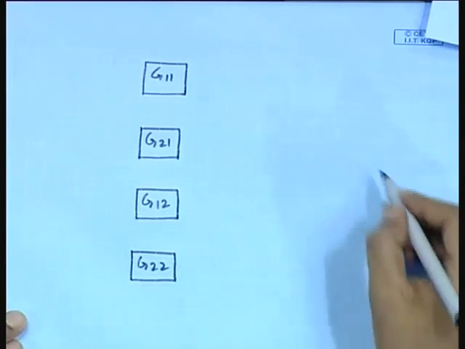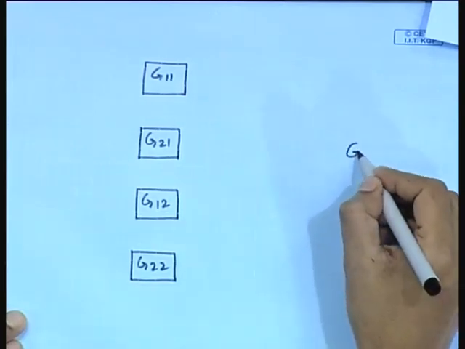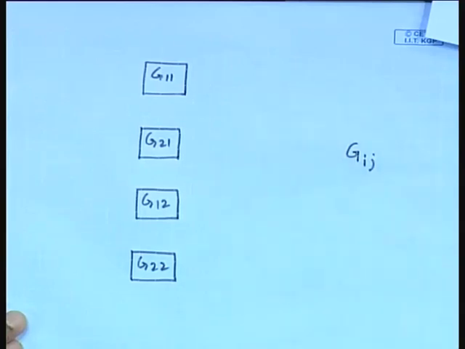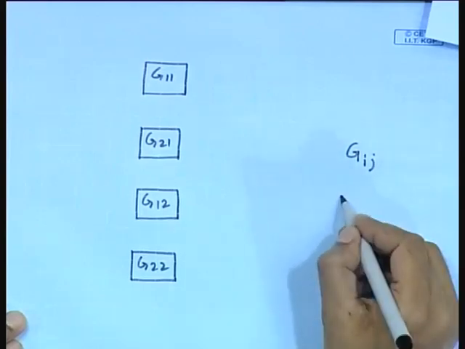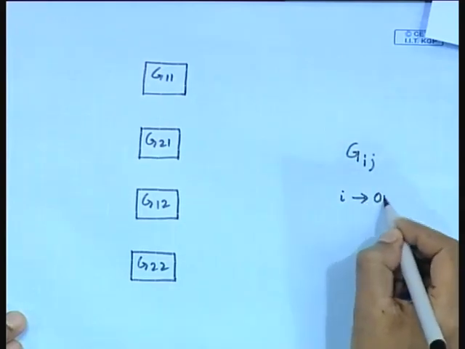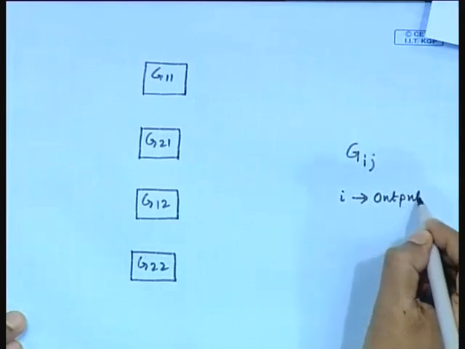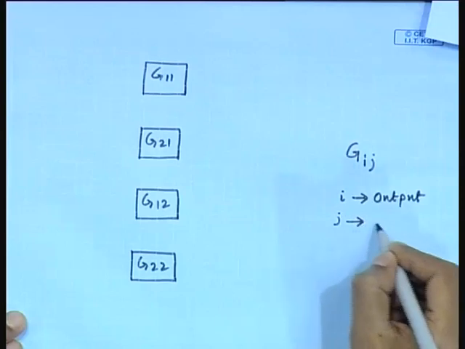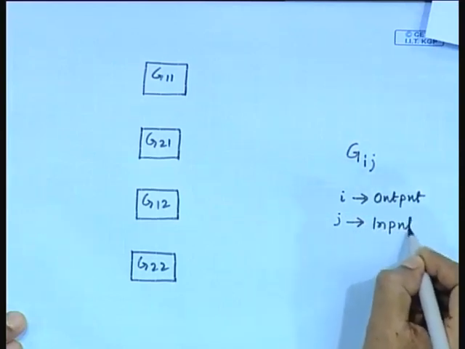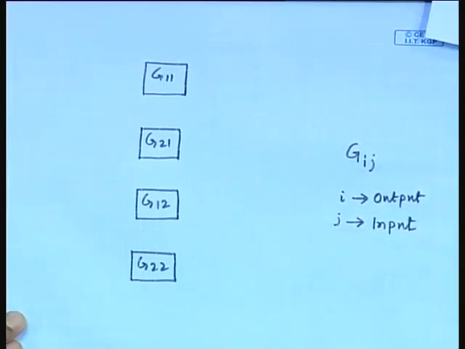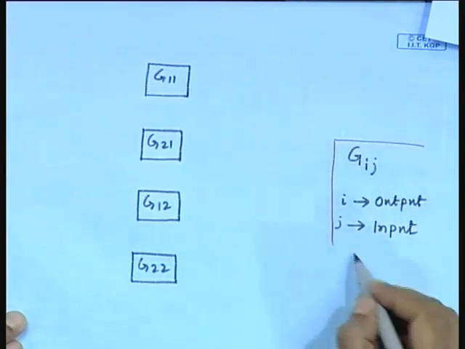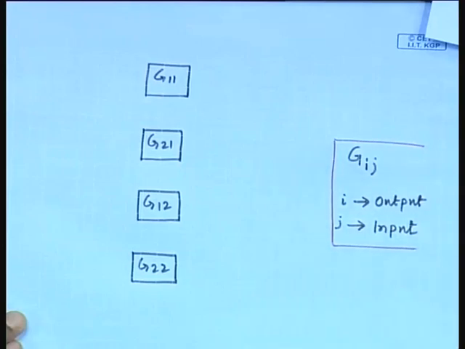Fine. Basically, the transfer function G has 2 suffixes, one is i, another one is j. i represents the output and another suffix j represents the input. So, this is the nomenclature of the transfer function.